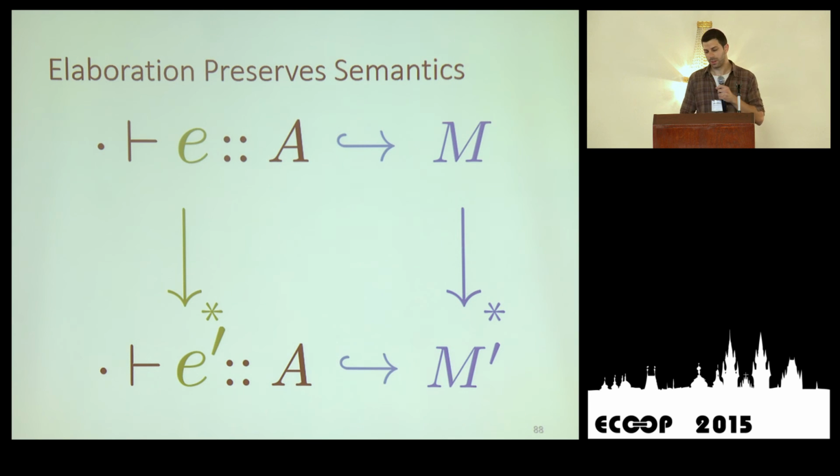This shows that elaboration preserves the semantics of the original program. In this slide, I'm glossing over some of the details of what these stars actually mean. In the paper, there are more precise definitions of how many steps are done on each side.